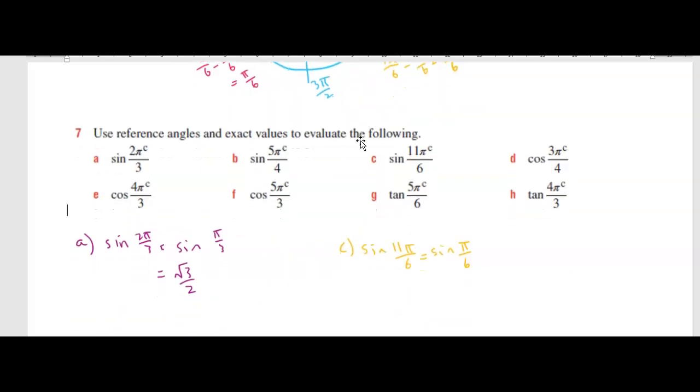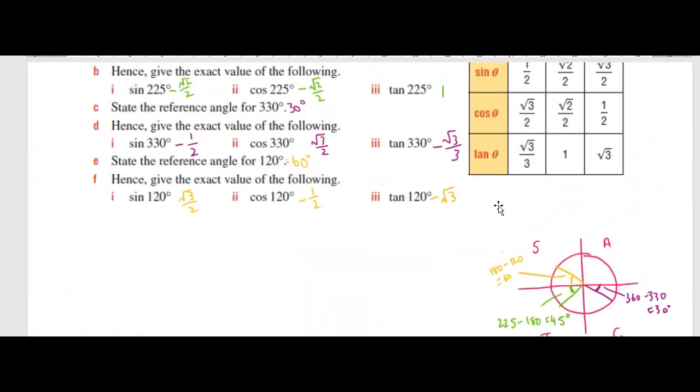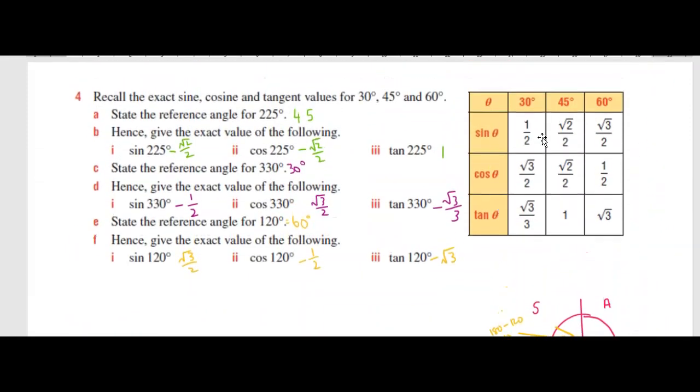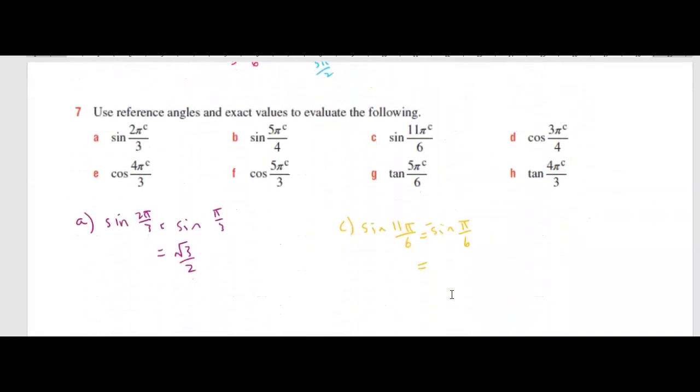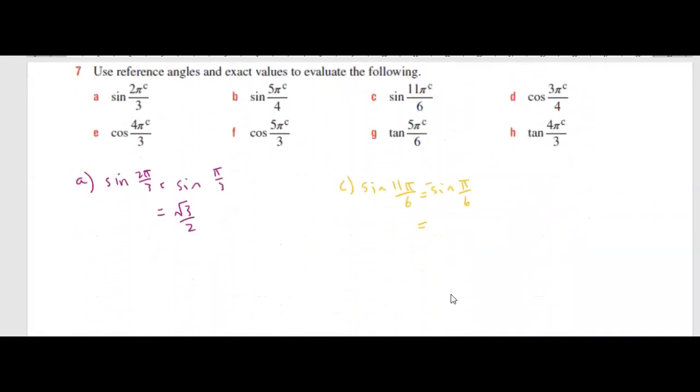So that is actually equal to negative. So we need to find sine pi on 6, which is the same as sine 30. So I'm not going to keep scrolling. So 1 on 2. And it has to be negative because we're in the fourth quadrant. So negative a half.